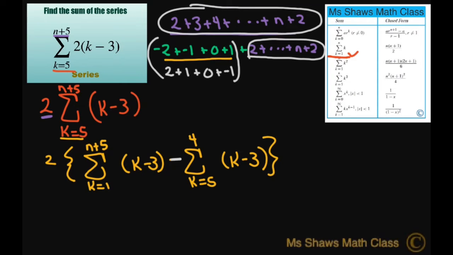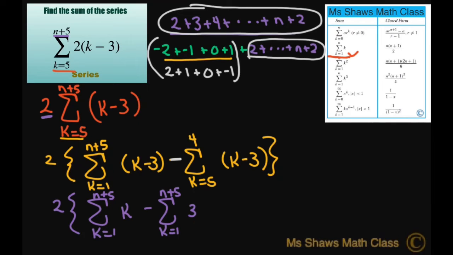Now, writing it this way, I can use my formulas. So for the first one, let's split this up as 2 times the sum from k equals 1 to n plus 5 of k. And then we're going to have minus the sum of k equals 1 to n plus 5 of 3. All right, and so that's this part.